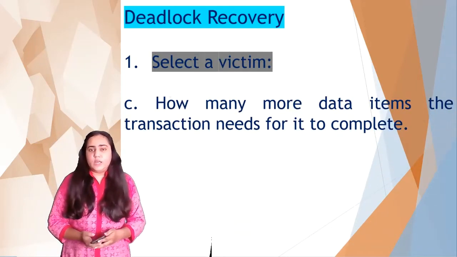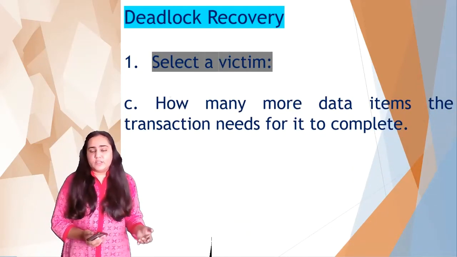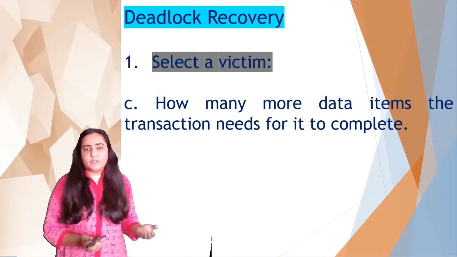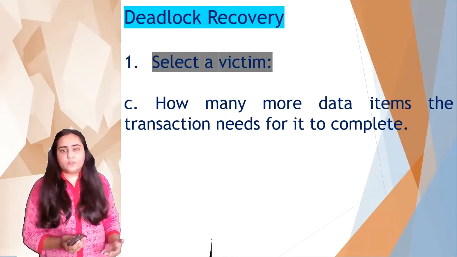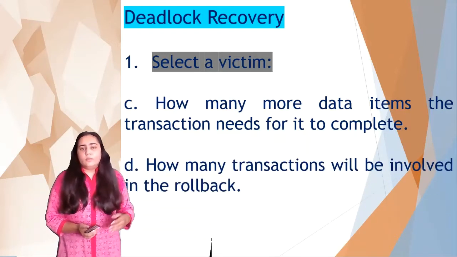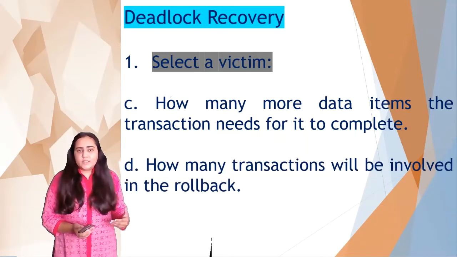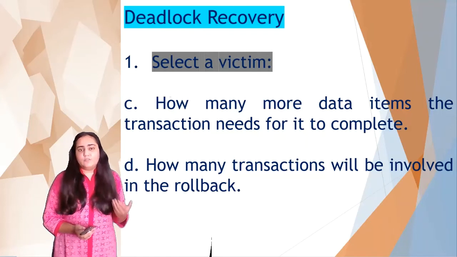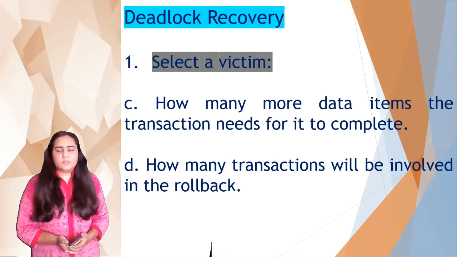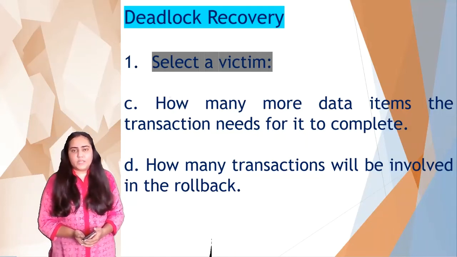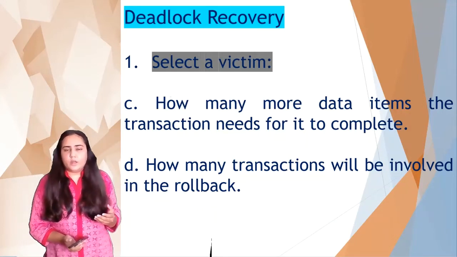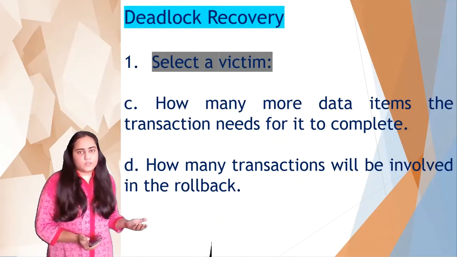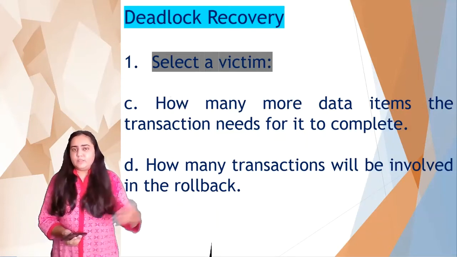Next, we also see how many more data items the transaction needs. So based on that also, we can decide whether or not to roll back the transaction. And the next thing is how many transactions will be involved in the rollback. So this is like a cascading rollback that I explained a while ago. A cascading rollback is where one transaction depends on another transaction, and then another depends on this one.